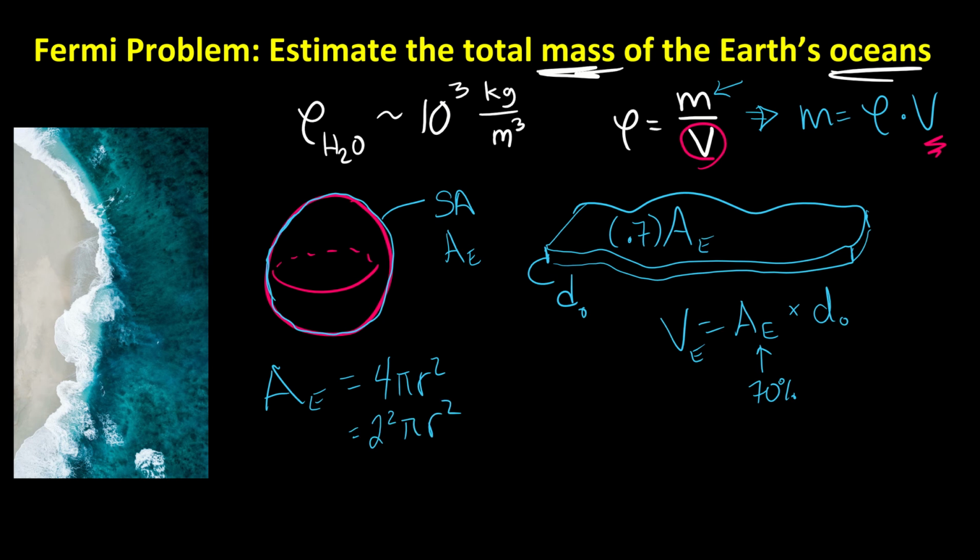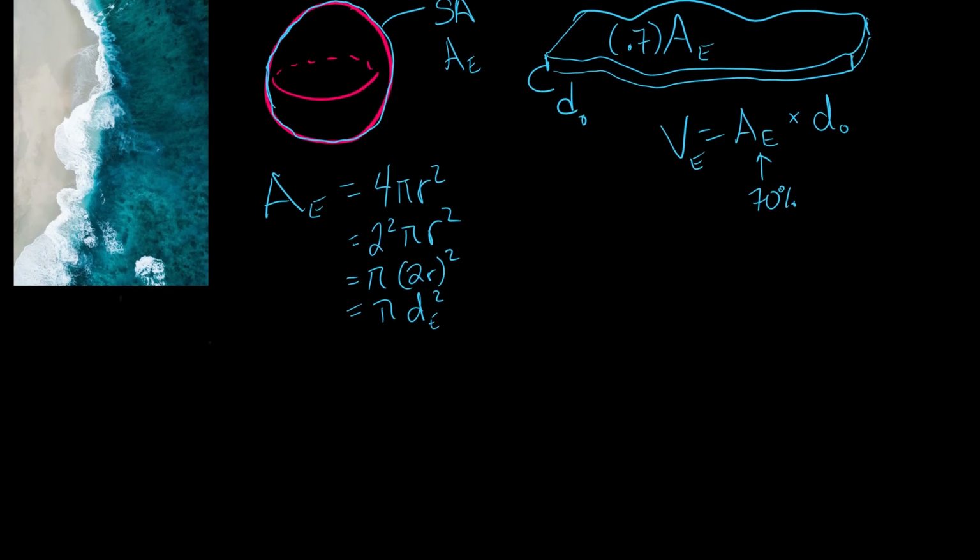I can combine the 2 squared and the r squared into (2r) squared times pi, and it's pi times the diameter of the Earth squared. Okay? So, diameter of the Earth. Well, I actually gave you this value in class. I'm going to scroll down, so you might lose a little bit at the top, but we'll come back to it.